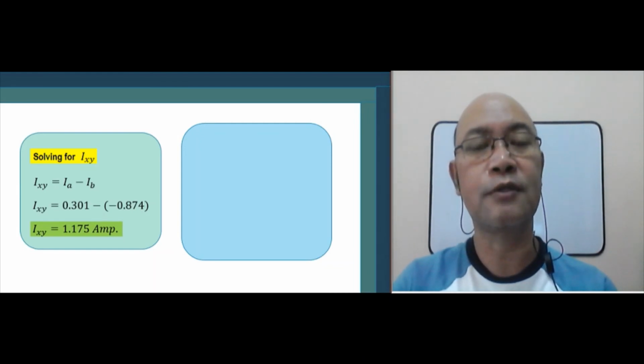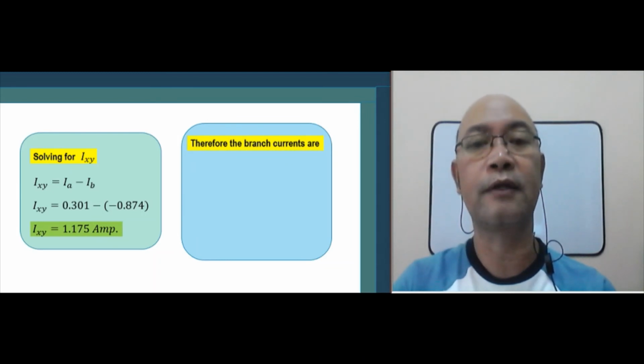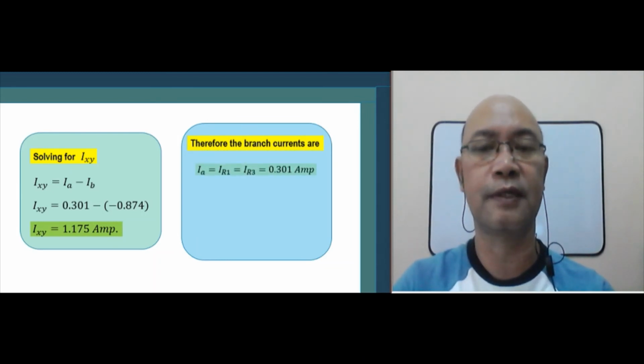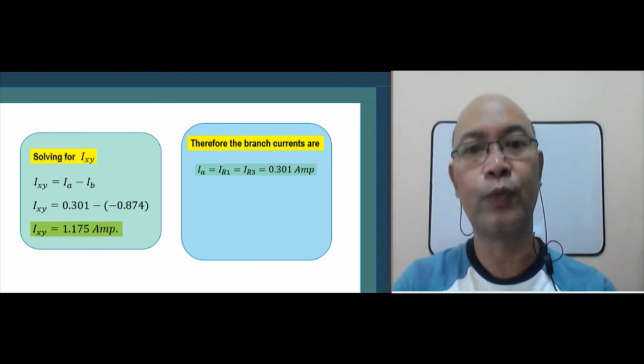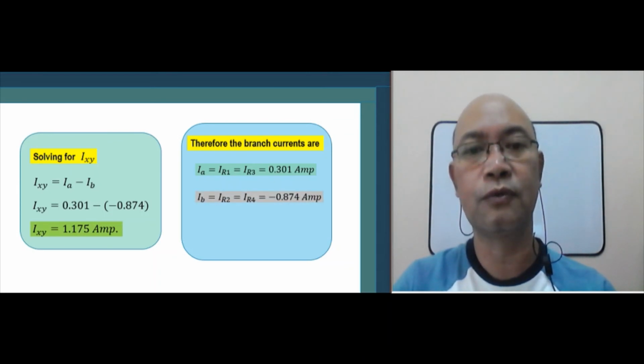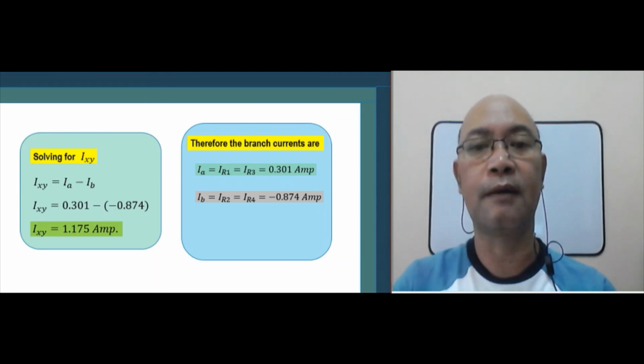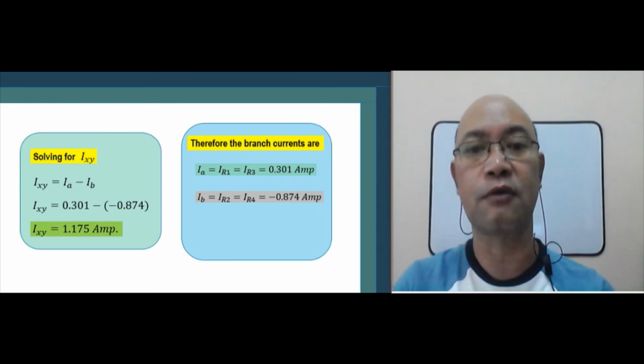Therefore, we can now summarize these results. Here are the branch currents now circulating in the circuit. We have IA, which is the current at IR1 and also the current at IR3, equal to 0.301 amperes. For IB, we have IR2, which is the same current flowing at R4, having a value of negative 0.872.